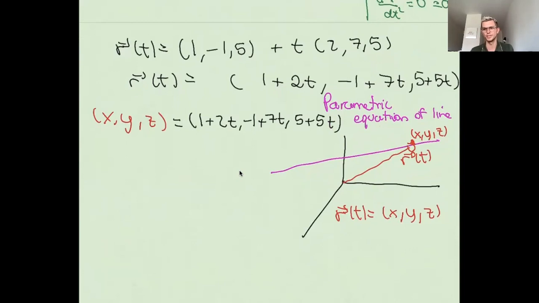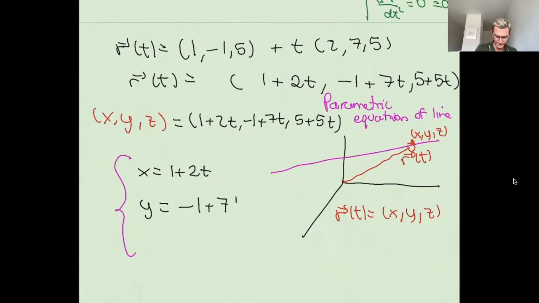I'm just saying that the position vector you can write as x, y, z. And the whole point is that it allows you to break it into three equations, where x equals 1 plus 2t, y equals 1 plus 7t, and z equals 5 plus 5t.